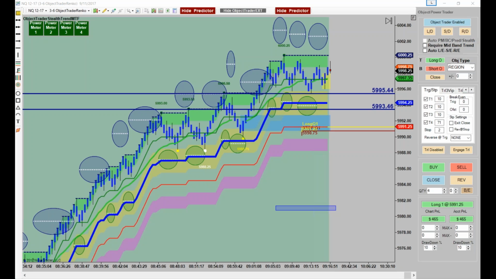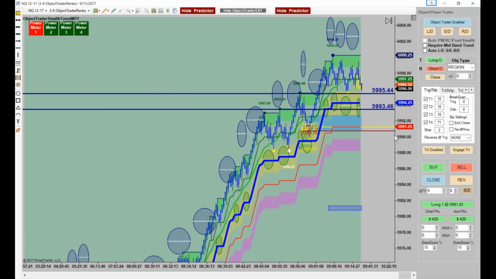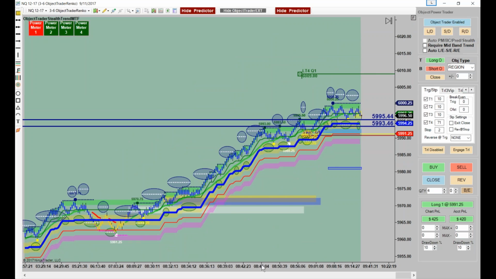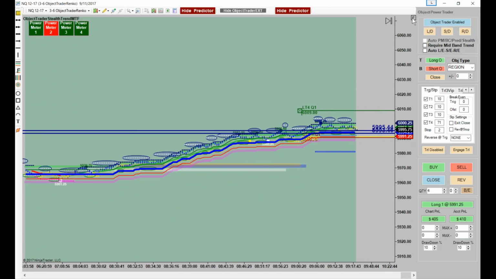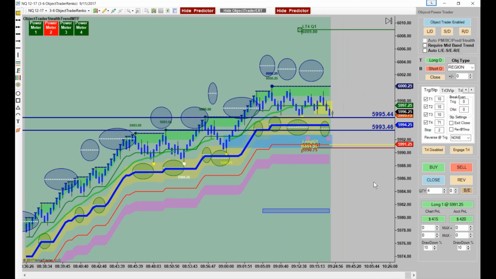And let's see if we happen to get any kind of a trend change. That's had the normal amount of thrusts already. 1, 2, 3, 4, 5, 6, 7. It's had 7 thrusts. 7 legs, that is.